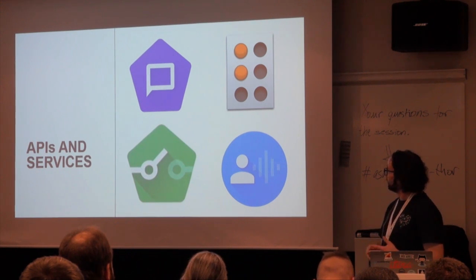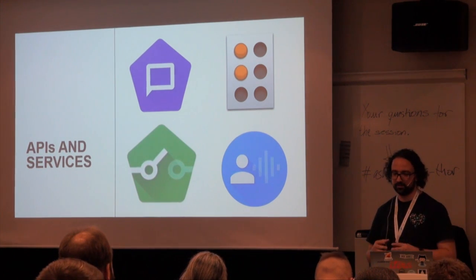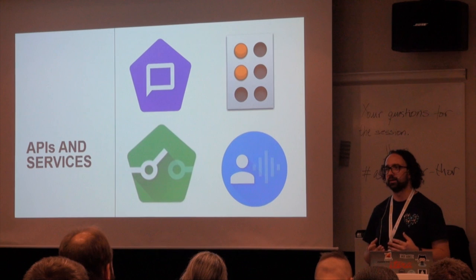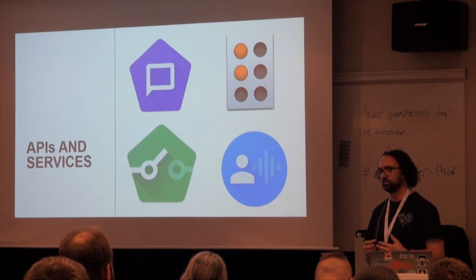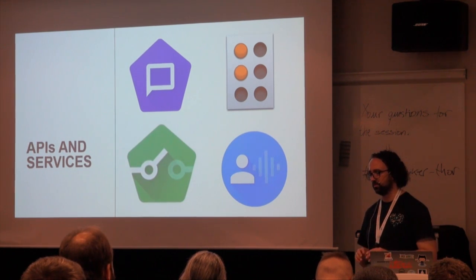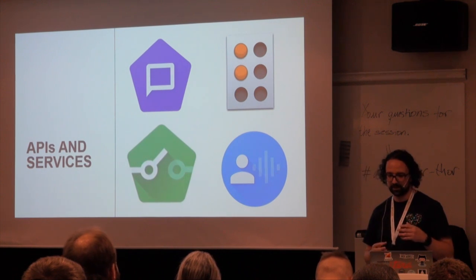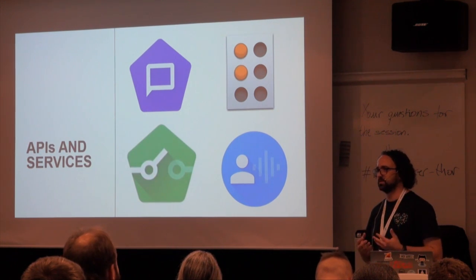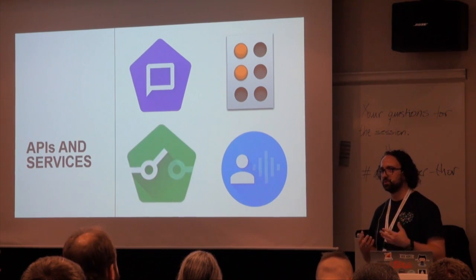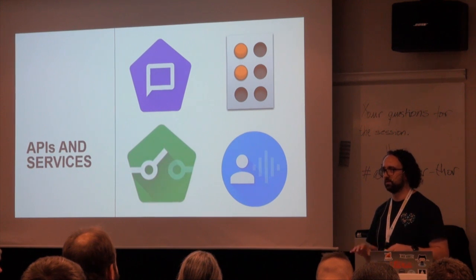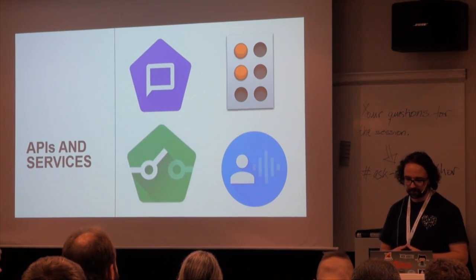BrailleBack, on the right there, can be used together with TalkBack to enable the user to use a Braille display or Braille keyboard, to read the text. So instead of using voice, they can get feedback that they can read with their hands.